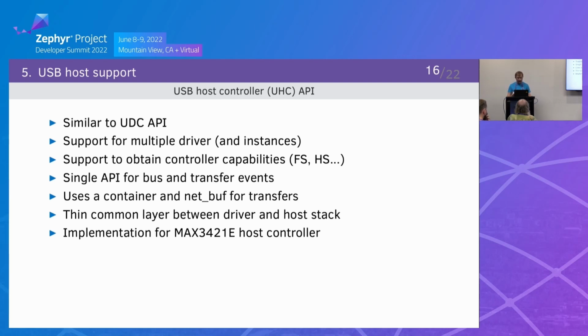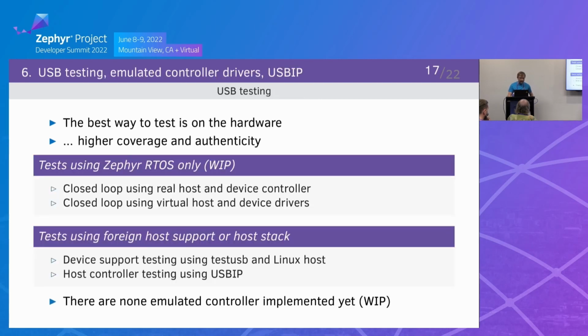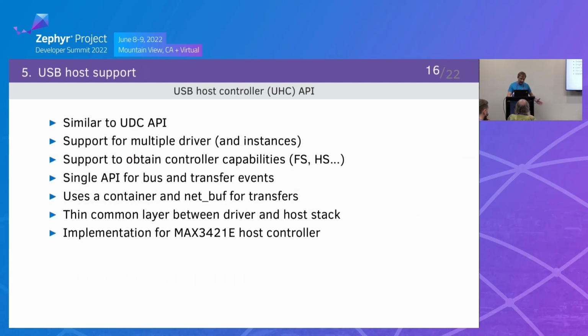The current implementation is done with one driver implementation for the MAX3421 host controller, which has an SPI interface and can be connected to any device, one of the shields that uses this device, and it's connected to an FTK but touched. That's actually the host side.